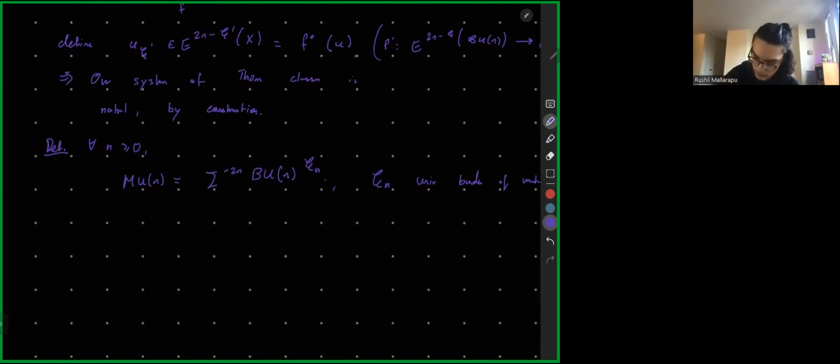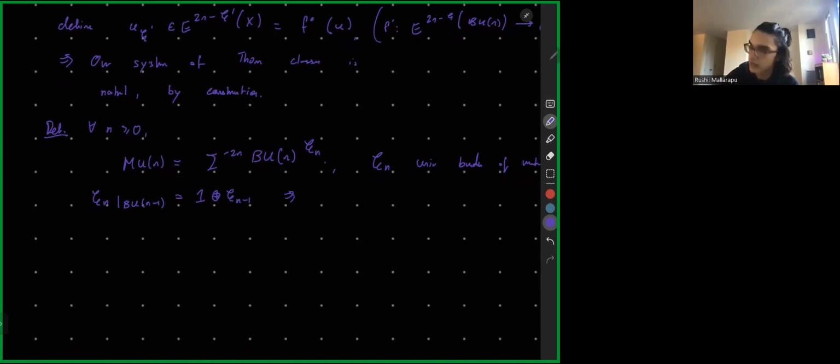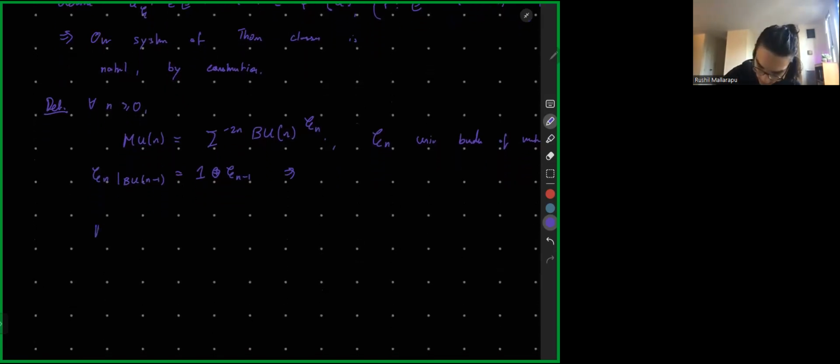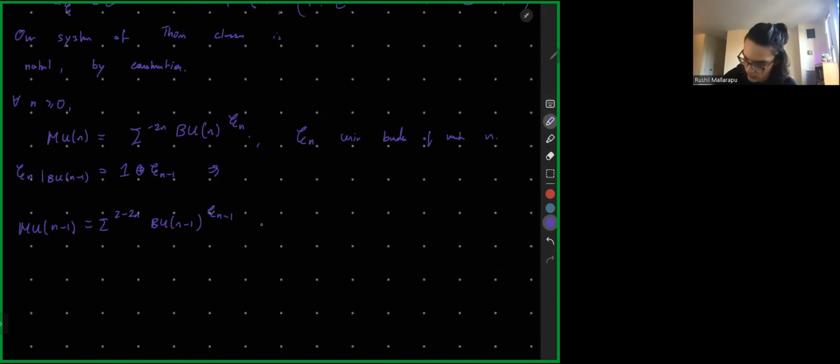Now, to recall, if we restrict zeta_n to BU_{n-1}, we just get the sum of a trivial bundle with zeta_{n-1}. And that implies that there's a canonical map from MU_{n-1}, which is the desuspension by 2(n-1) of the Thom space of BU_{n-1}, zeta_{n-1}.